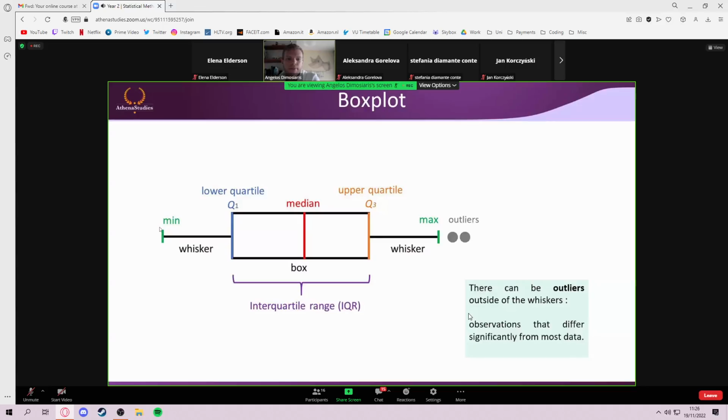So here you have the minimum value and here you have the maximum value, so the person with the lowest IQ and the person with the highest IQ. And then here the Q1 will be the value of the person who is at the 25th percentile. This is the median, so this is the person who divides the sample into two similar groups.